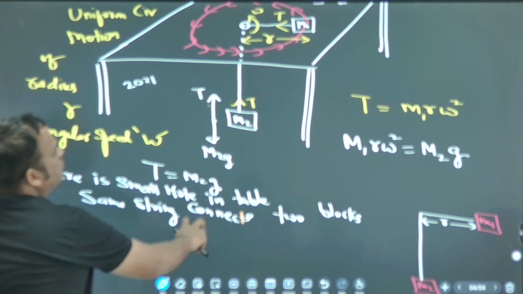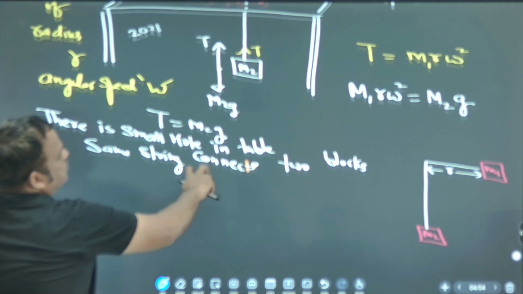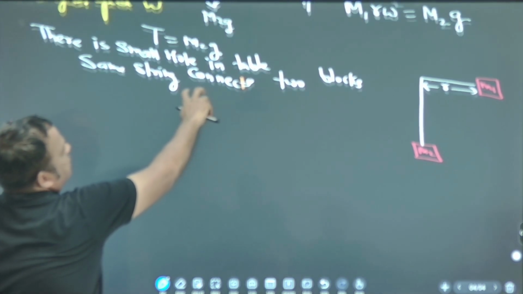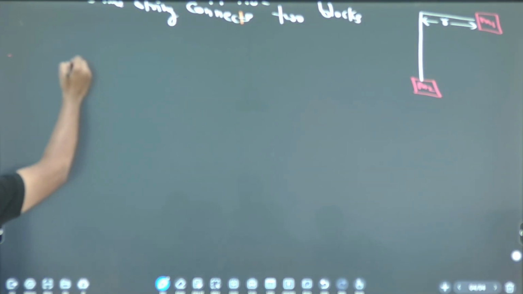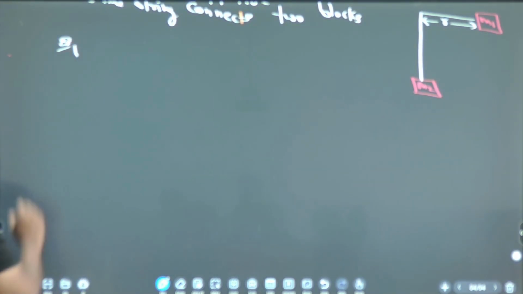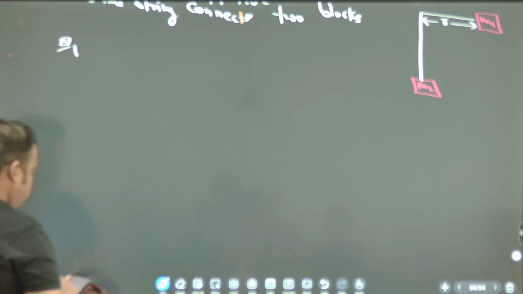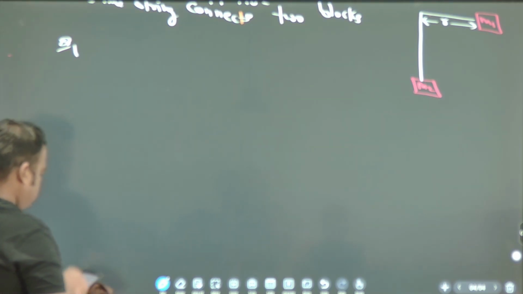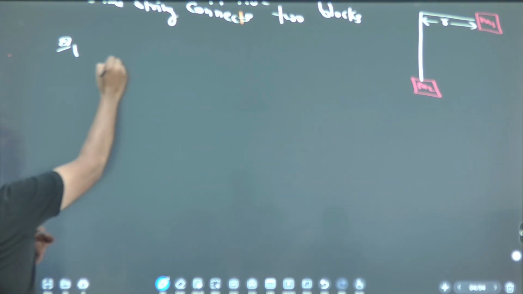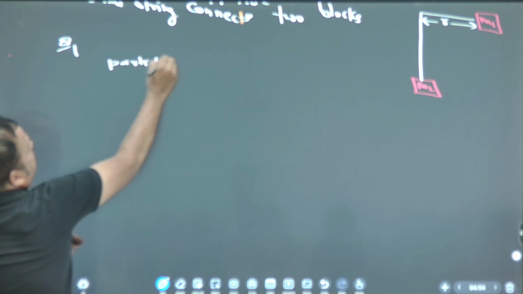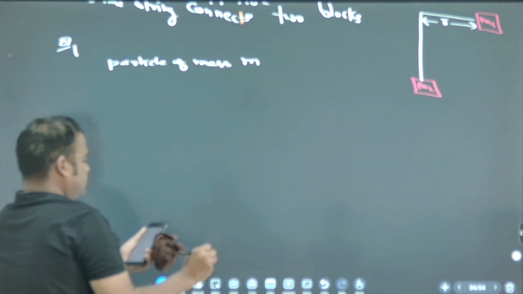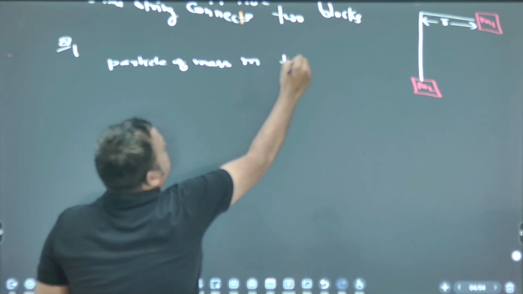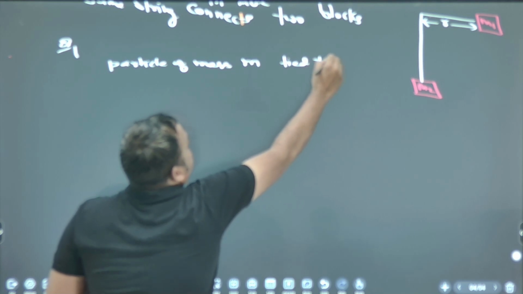You just write down some 4 to 5 questions I'm writing on the board. You just copy it. Particle of mass m tied to a string of length L, whirled in a circle in a horizontal plane.